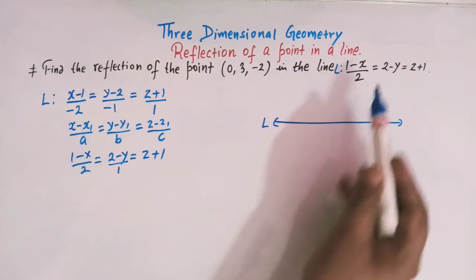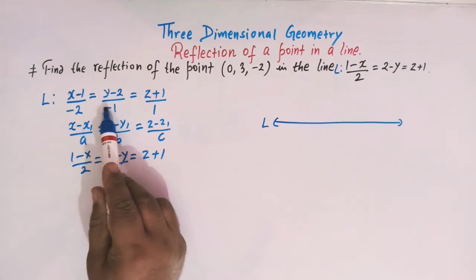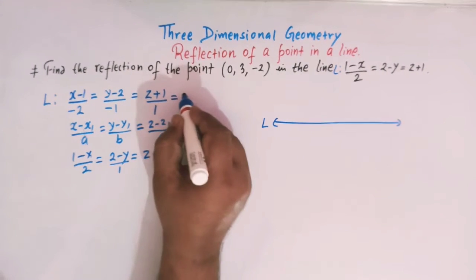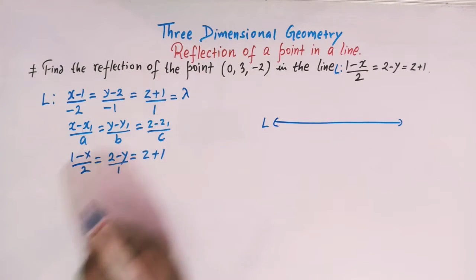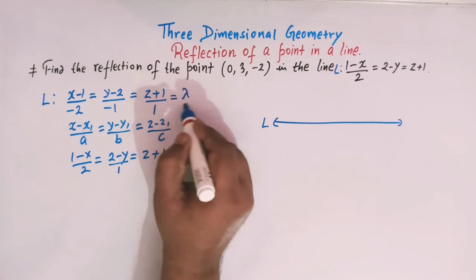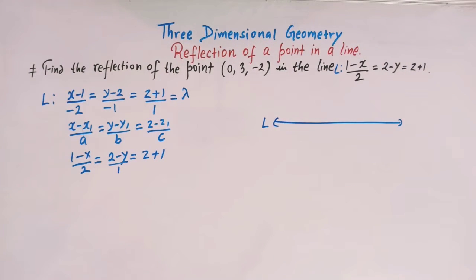Right? So this equation is same as this one, and here we can take some scalar lambda, right? And here this scalar lambda is taken because we may have to find out the coordinates of the general point lying on the line, right?